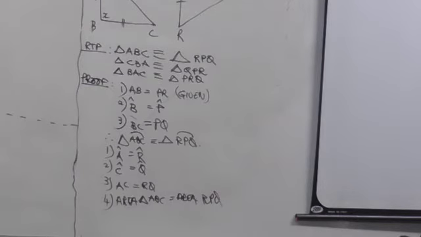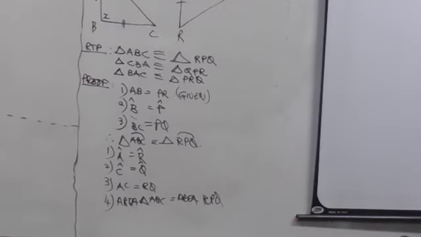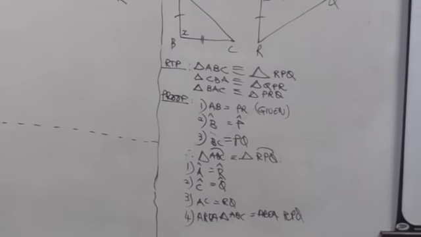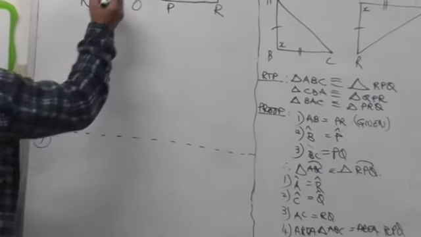Just giving you a few seconds to have a look at that. And well, you can always pause the DVD and check it out. I'll move on to number 6. Now in number 6, you are told that LO is equal to MP.